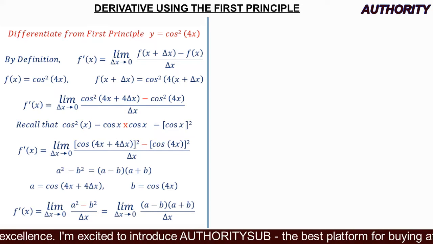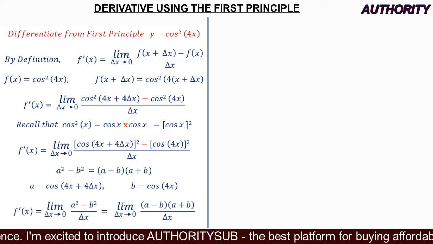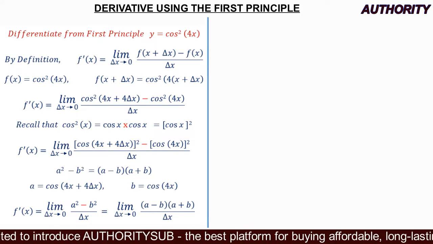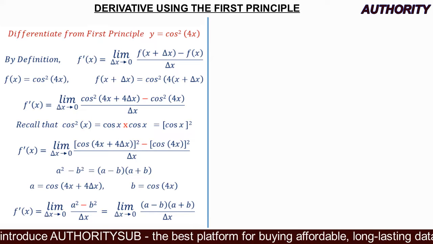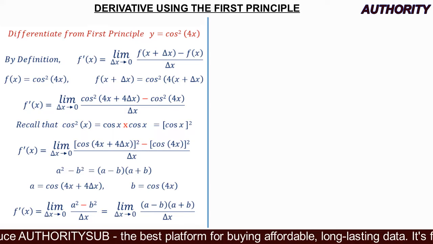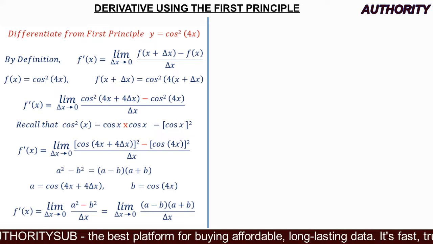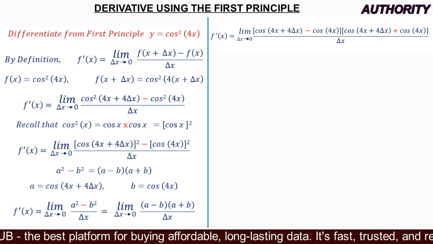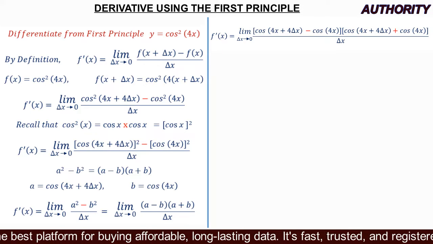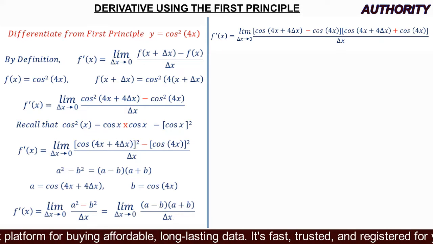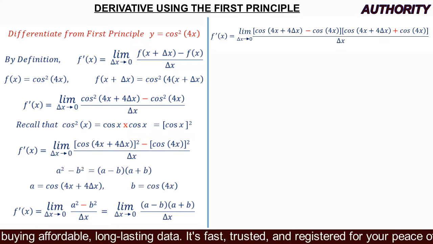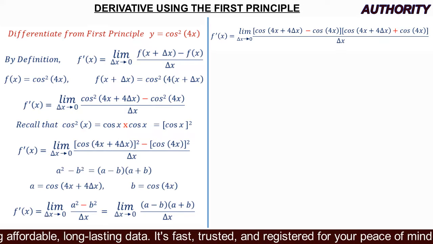Yes. Now, in this place that we have limit as change in x approaches 0, a minus b in bracket, a plus b in bracket, all over change in x. Let's bring it back. So bringing it back, we're going to have f prime of x is equal to limit as change in x approaches 0, a minus b, where a is cos of 4x plus 4 change in x, minus b, cos 4x, in bracket.